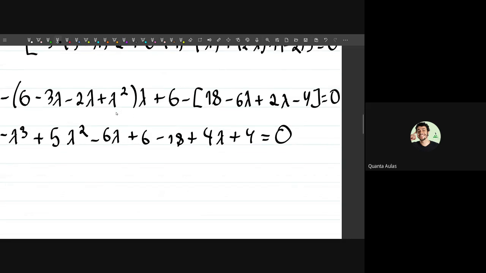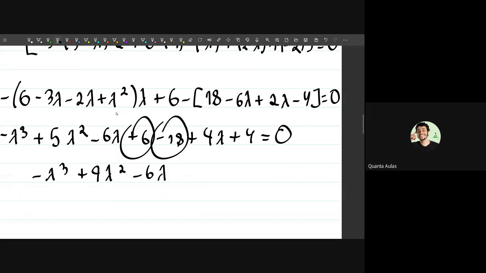So we can solve some things. We can group these two things. So 9 lambda square minus 6 lambda. And here we have minus 8 equals 0.